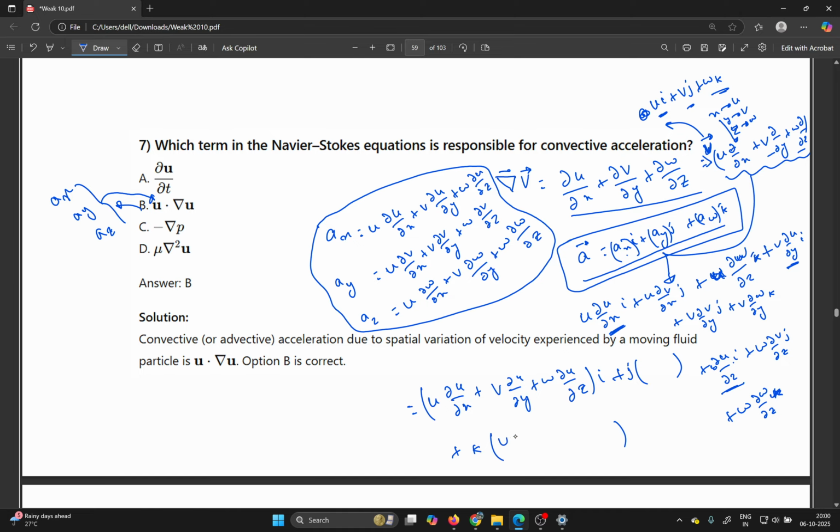So you will get again u del w by del z, then here v del w by del y, then again here w del w by del z, and here not z, you are multiplying with del x, so here it will be x. So when you multiply very precisely, this will give you ax, this will give you ay, and this will give you az. So just think on that.